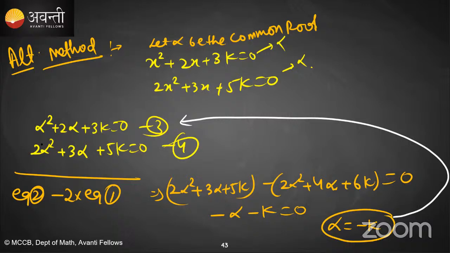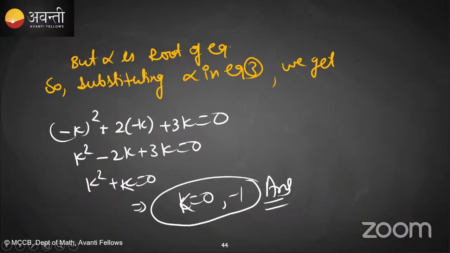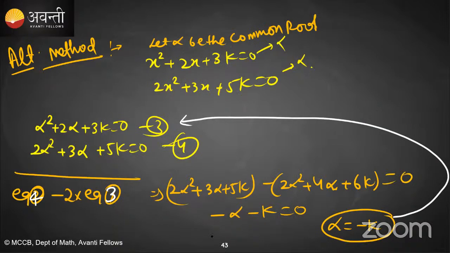So it means I saw that if I multiply my equation 3 with 2 and subtract it from equation 4, then I can eliminate my alpha square term. So same thing we did here, right? Is there any doubt? And we got the value of alpha, right?